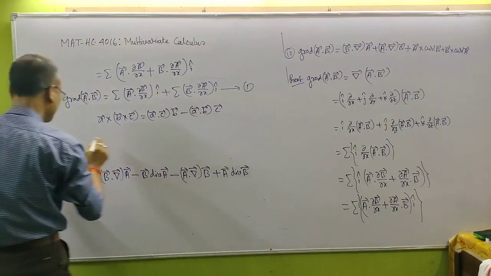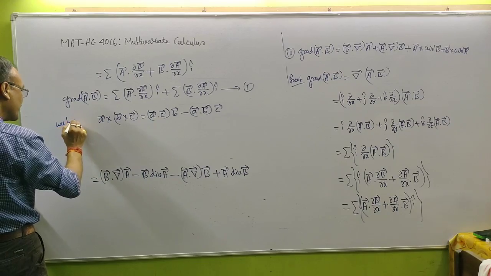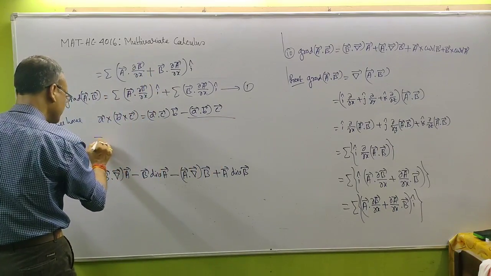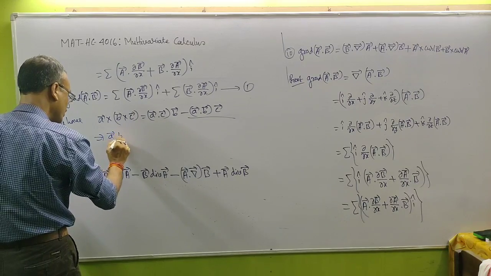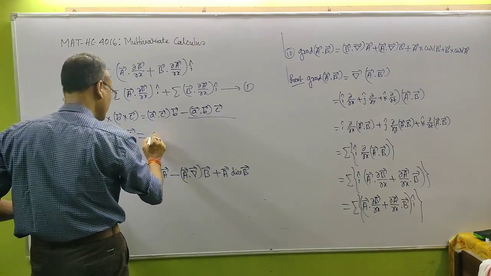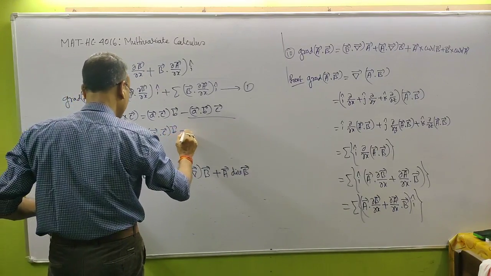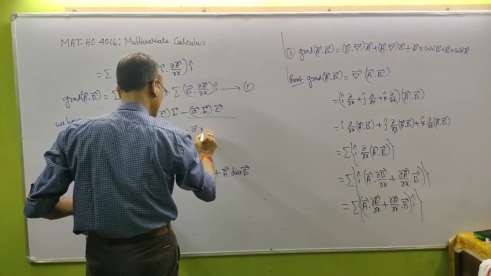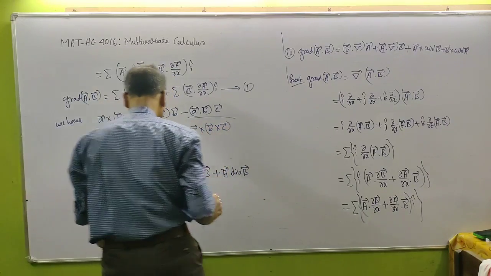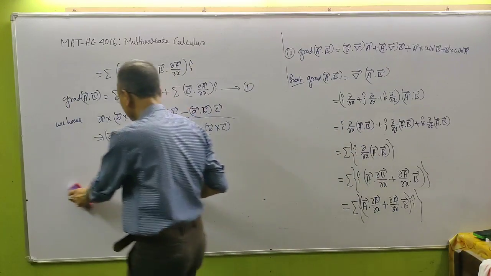This has been applied in identity number 9 also. We have this one. Therefore, this means A cross B cross C will be equal to B A dot C minus C A dot B. You may write like this.